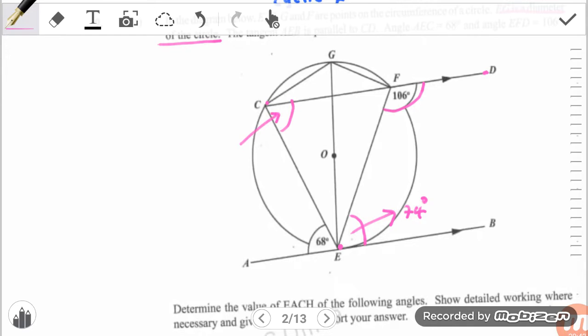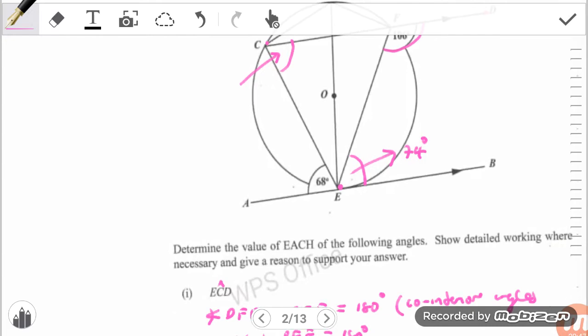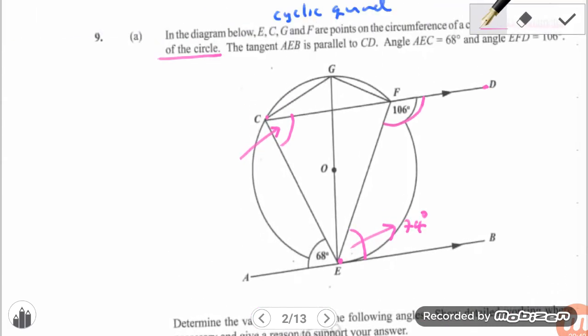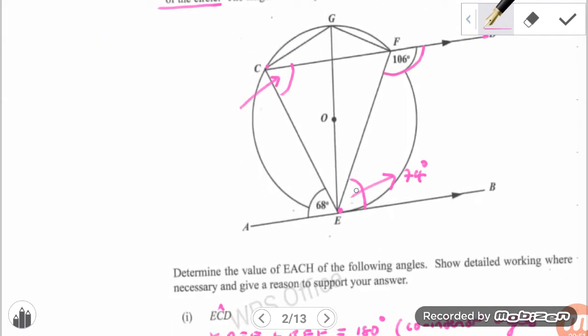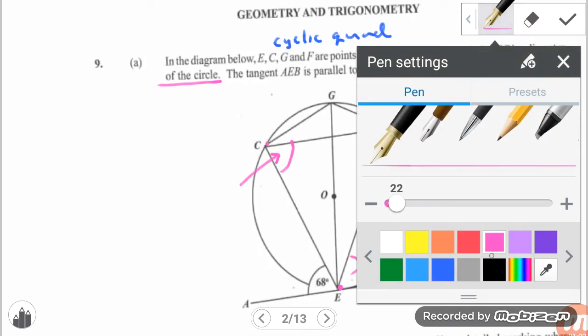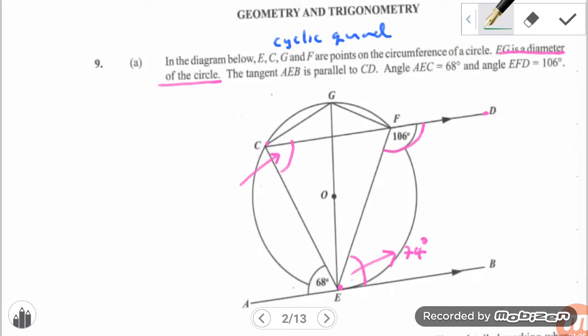Now, there's a tangent rule that states that an angle that is created between a chord and a tangent is exactly equal to the angle created by that same chord at the circumference. Let's put some more clarity on that for you.